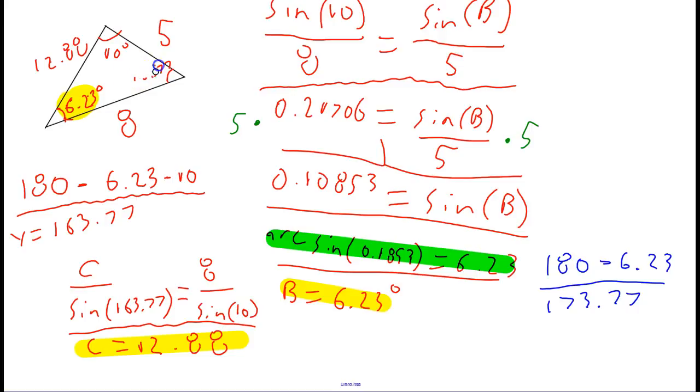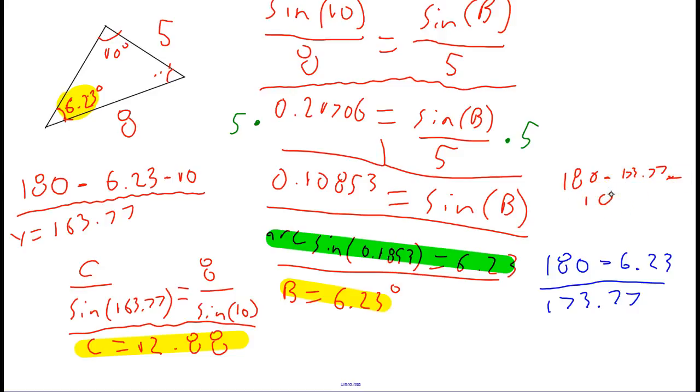We still don't know these two, because we're going back to the beginning of finding C and the third angle. So we got to find its third angle, so we'll just do angle sum, 180 minus 173.77 minus 10. But wait, there's going to be a problem there.